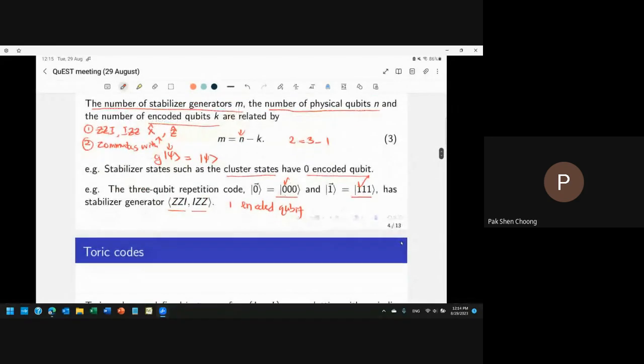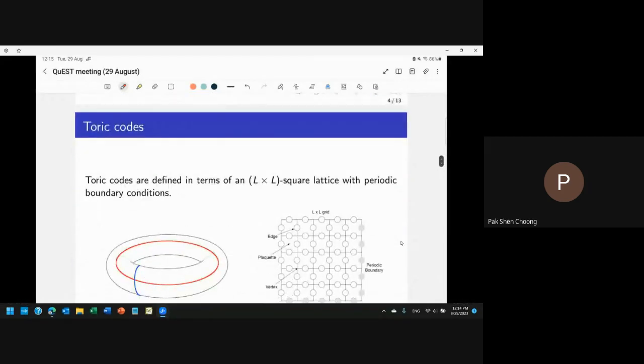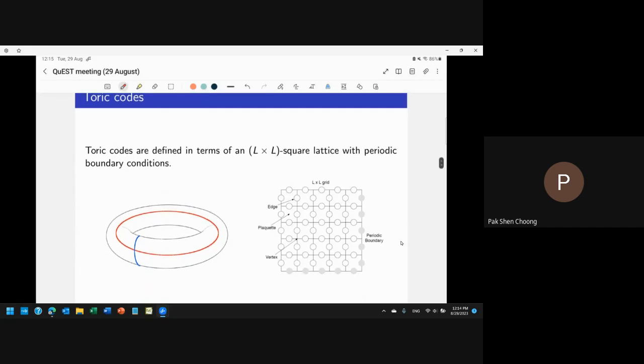Okay. Now we go into the idea of toric codes. The idea of toric codes is very simple. Basically, you just define an L times L square lattice. This is the simplest one that we will study. And you define periodic boundary conditions, meaning that this boundary and this boundary are periodic.